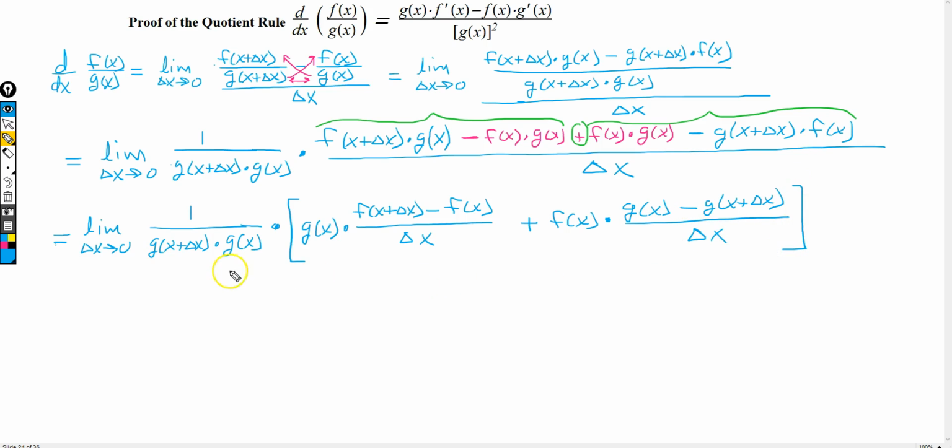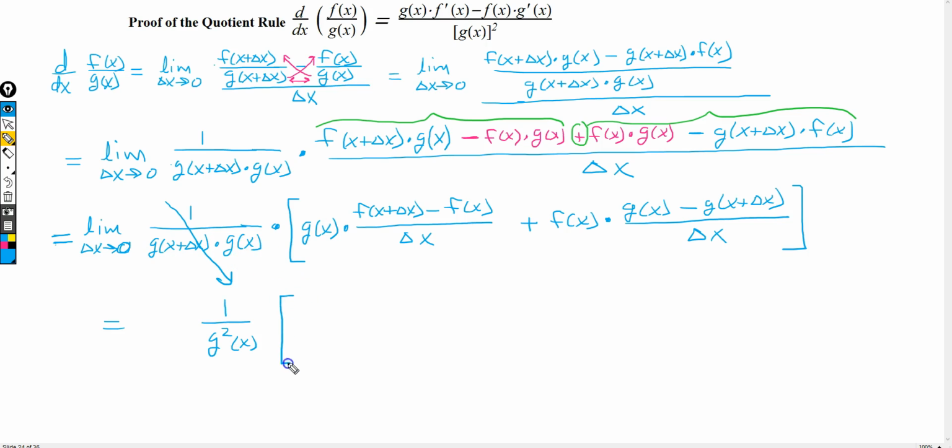All right. Now we're just about finished, because we see as delta x is approaching 0, this term is going to be approaching 1 over g squared. Because we can just put 0 in for the delta x right here, and we get g of x times g of x.